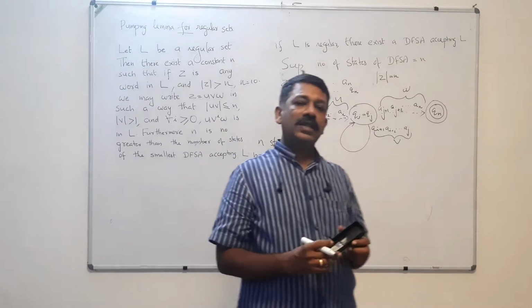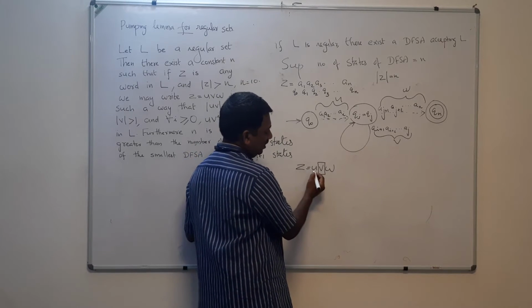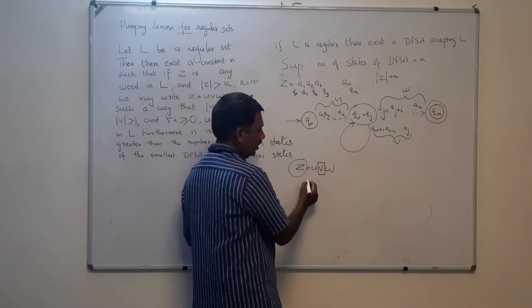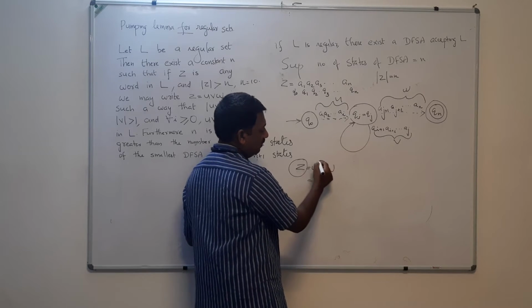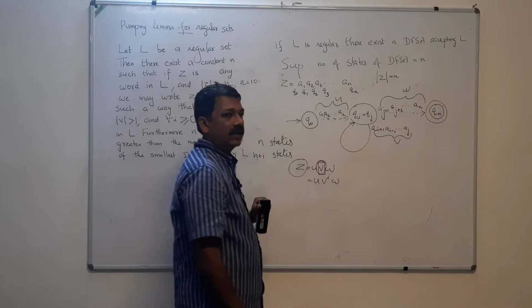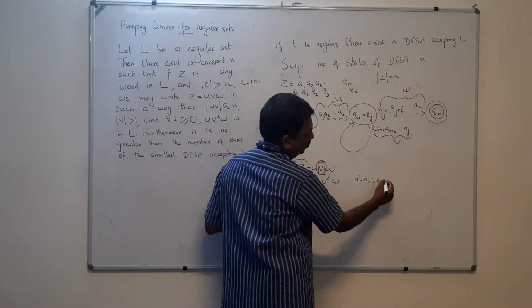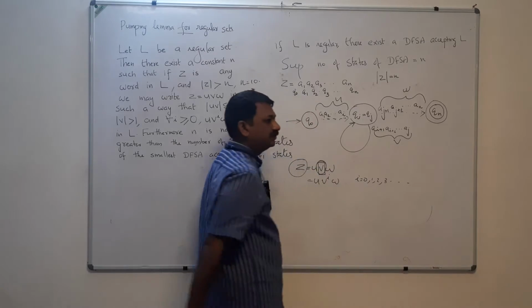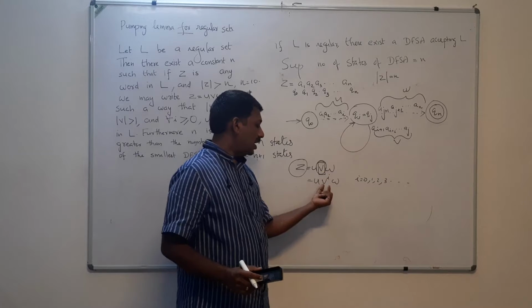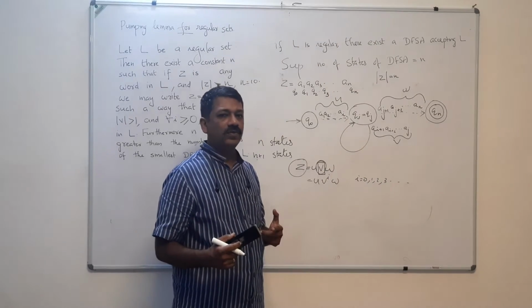If you can split Z into U, V and W, then this is the pumping location, and U V raised to i W is in L. This i can be 0, 1, 2, 3, etc. up to infinity. That means there is some point, called V, that can be found.